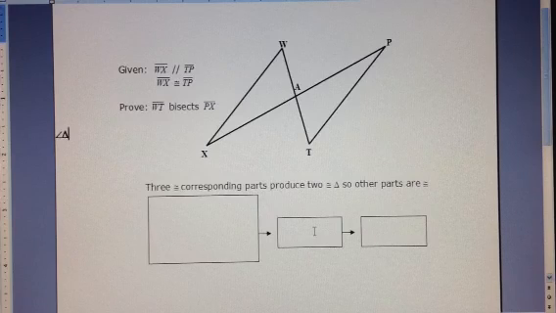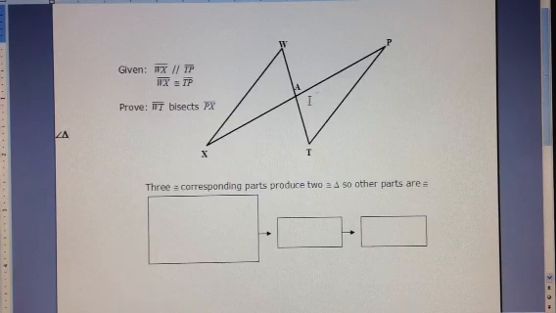Now, the thing we have to prove though is that WT bisects PX. Well, now you've got to know what bisect means. Bisects means that it makes the 2 pieces on either side the same length. So if we can show that XA and PA are the same length, then that would mean WT bisects XP.